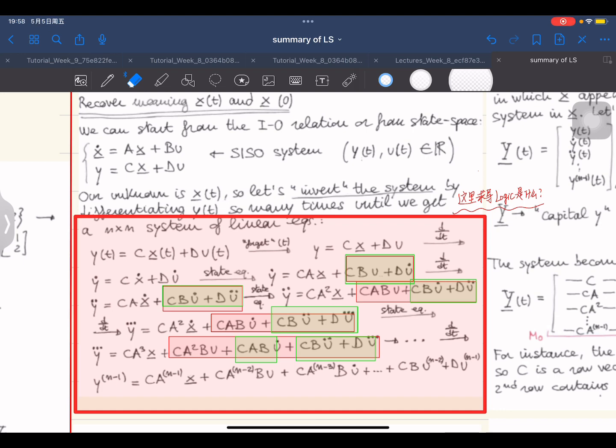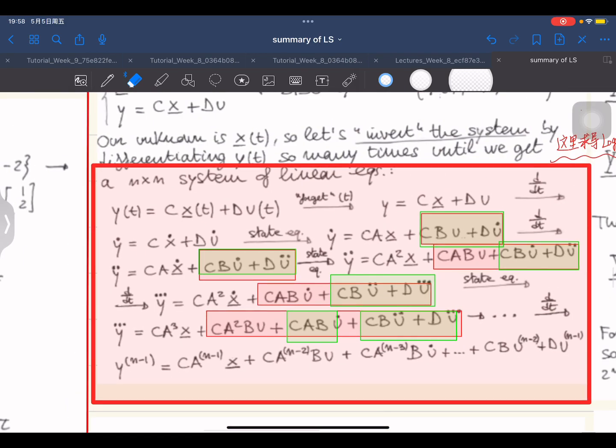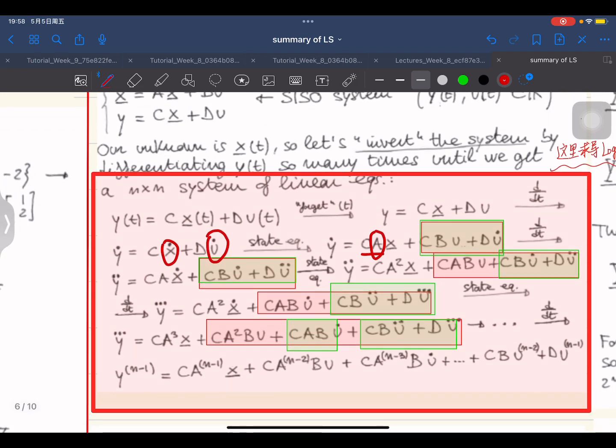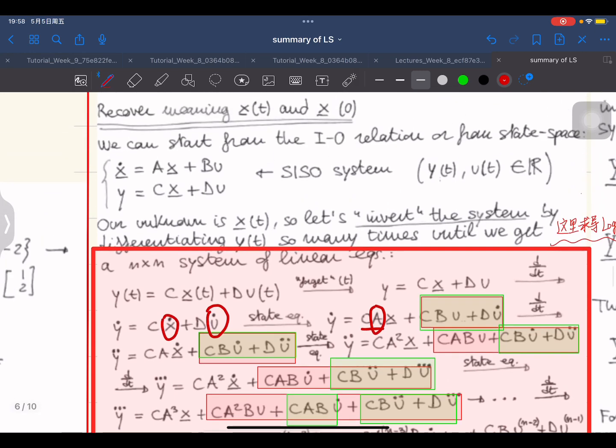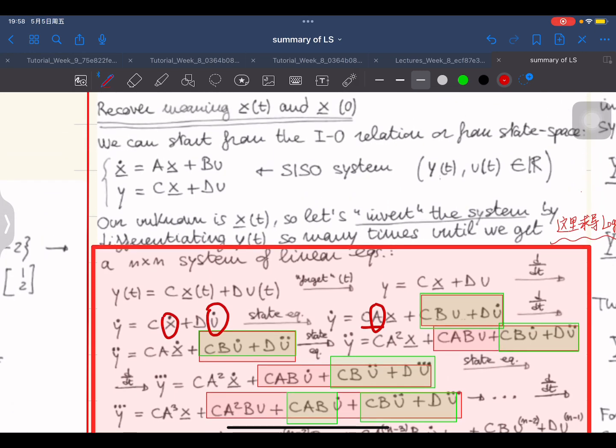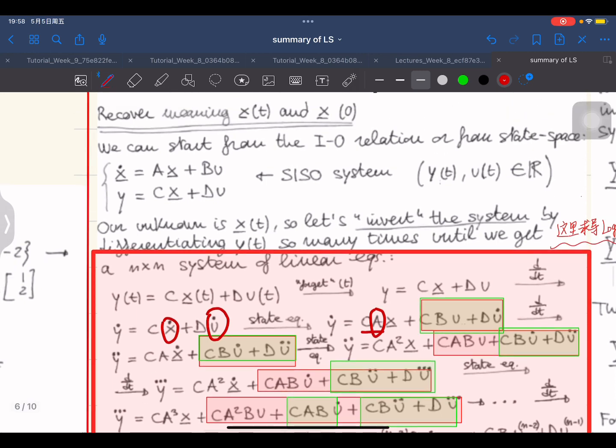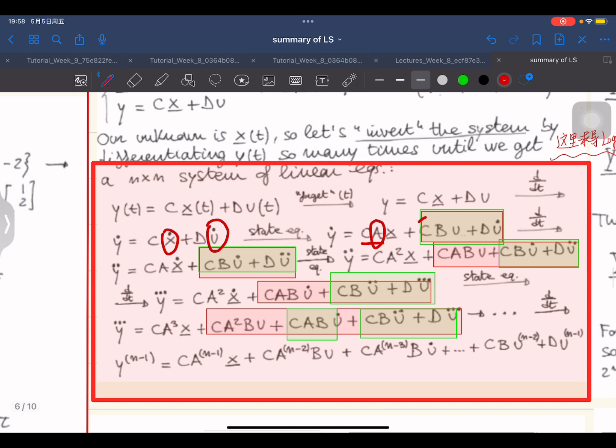We know the output, so we take the derivative of it first. Later, using the operator, for S the operator is A, so CA, and for U the operator will be not only B but also D. So we get CBU plus DU dot, and the coefficient of that operator will be CB.